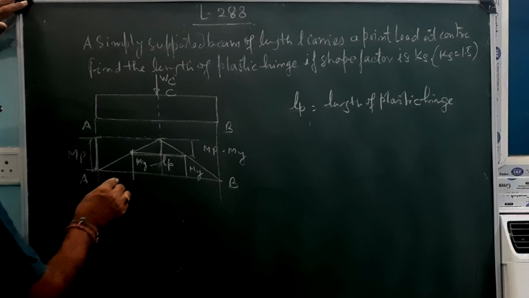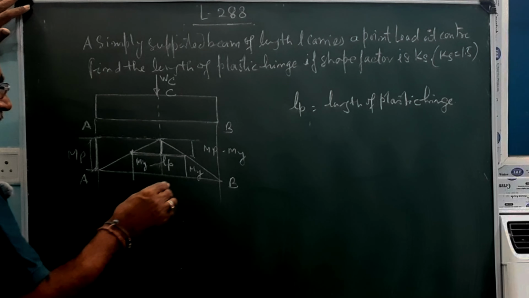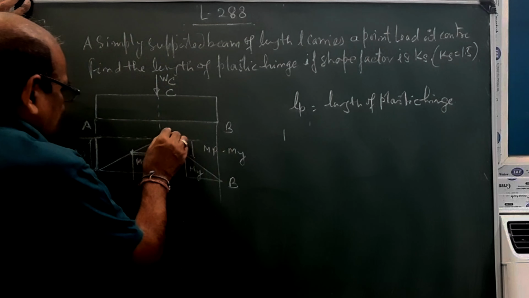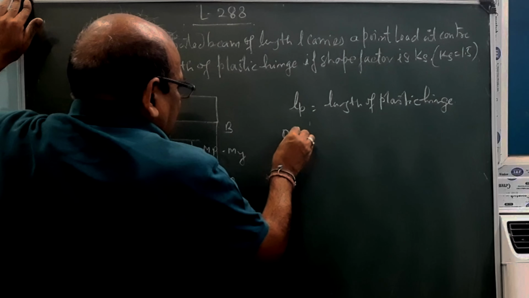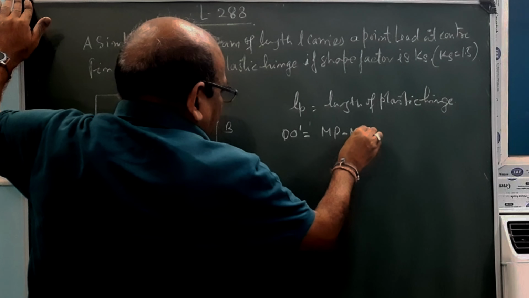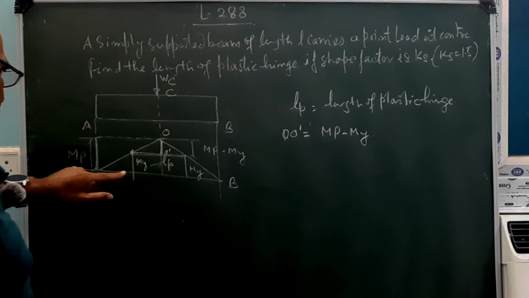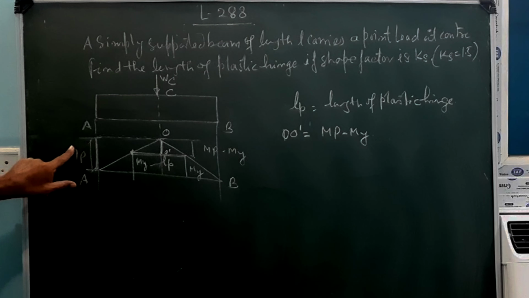And what is this ordinate? This ordinate is M, you can call it O dash. So O dash equals MP minus MY. And the total is equal to MP.